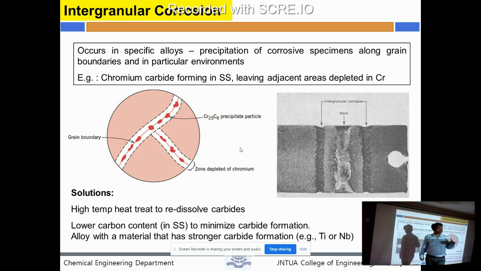Whenever we have atomic planes oriented in one direction and other atomic planes in another direction, the line between these two orientations of the atoms is called a grain boundary. It is the boundary demarcating the atomic planes of one orientation from another. At these boundaries, because they are high energy regions, corrosion starts. This is called intergranular corrosion.